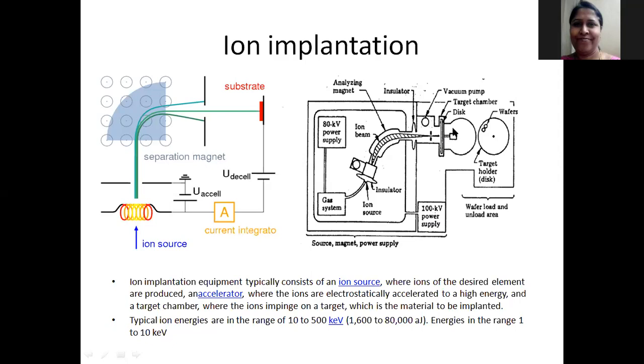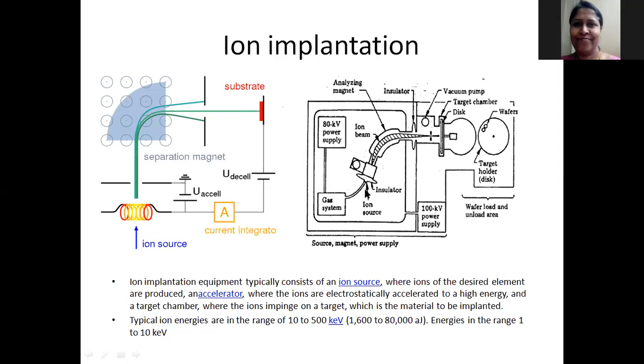So the target disk has the substrate on it, and the diagram of that in full view is shown here. The wafers are stuck to this target holder, and this target holder rotates so that each of the wafers will get exposure to this incident ion beam.